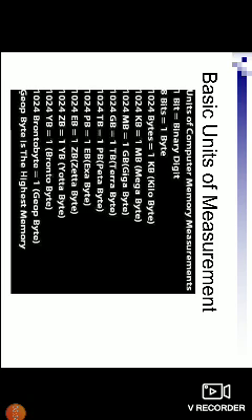And next, 1024 TB equal 1 PB. PB stands for petabyte. Next, 1024 PB is equal to 1 EB. EB stands for exabyte.